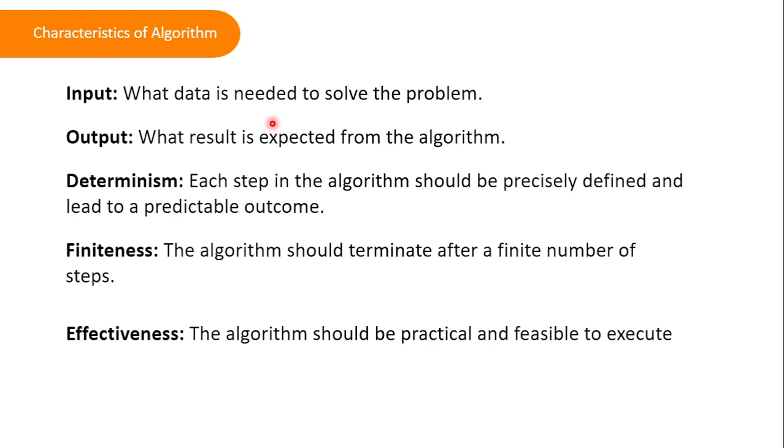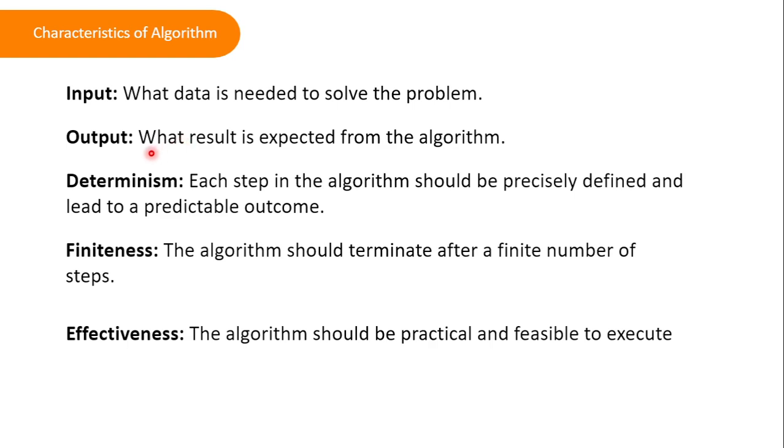When you have an algorithm, there should be an input part. So you ask yourself, what data is needed to solve the problem? What input are we interested in from the user for us to act on with our algorithm to be able to come up with a solution? So that is the input part.